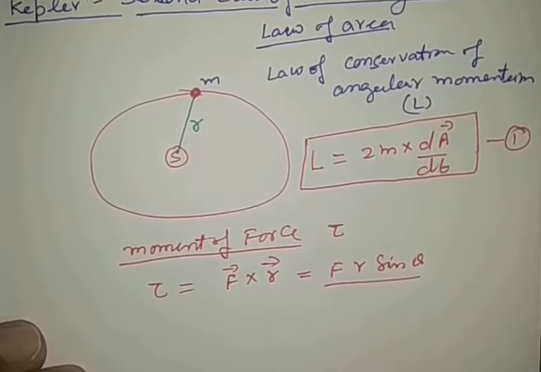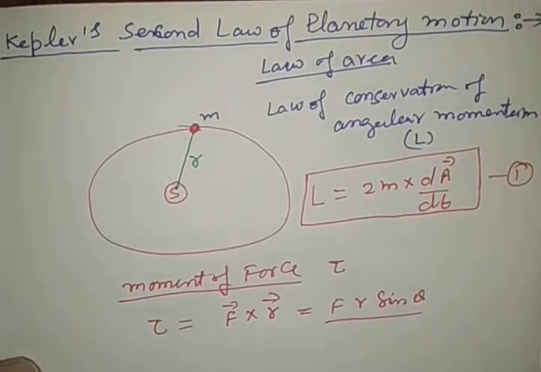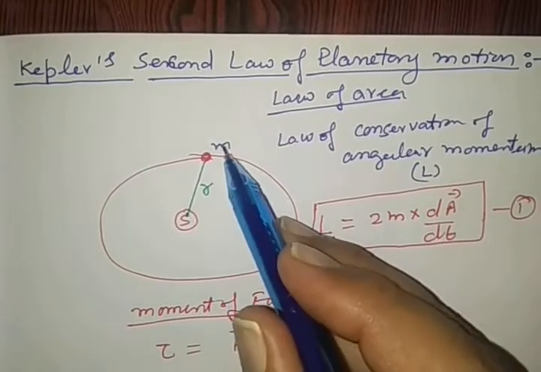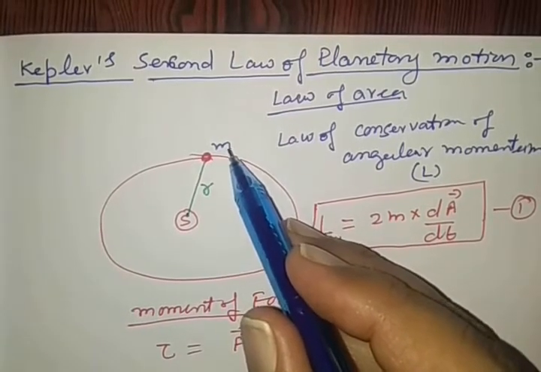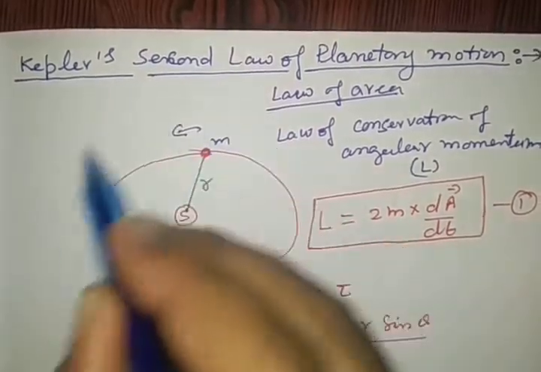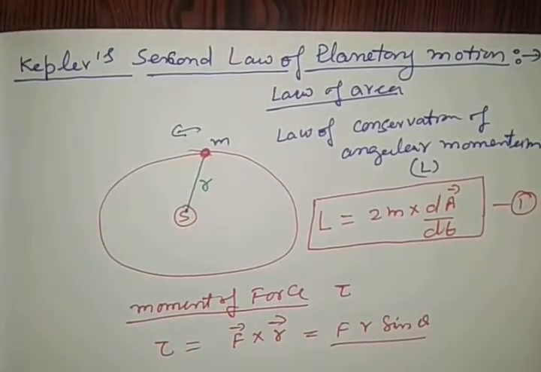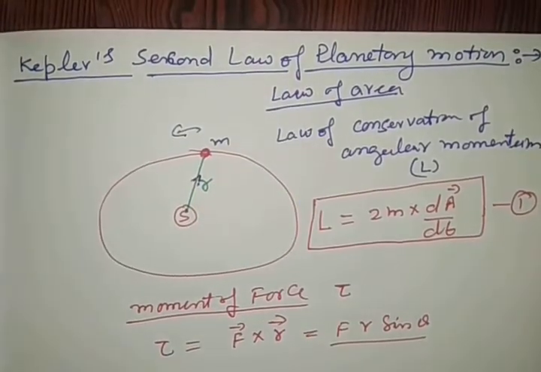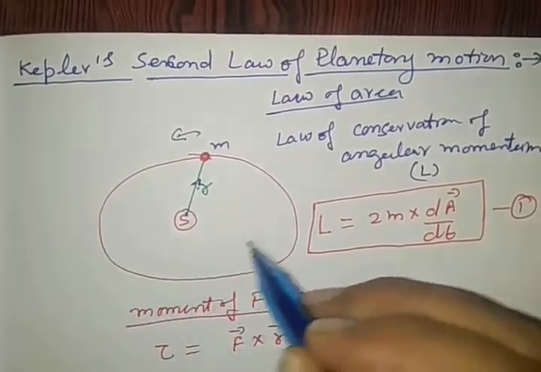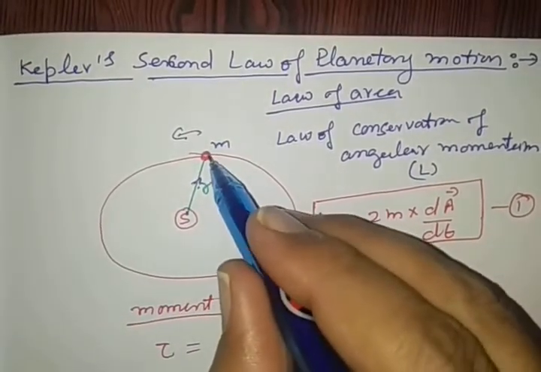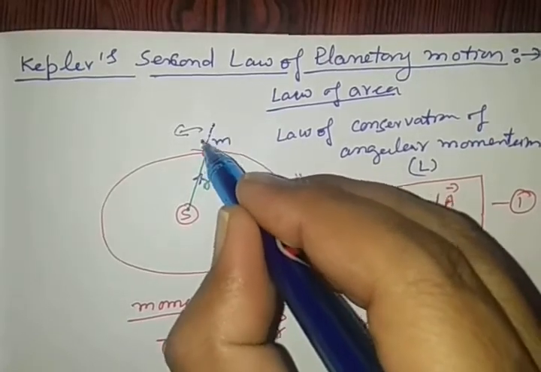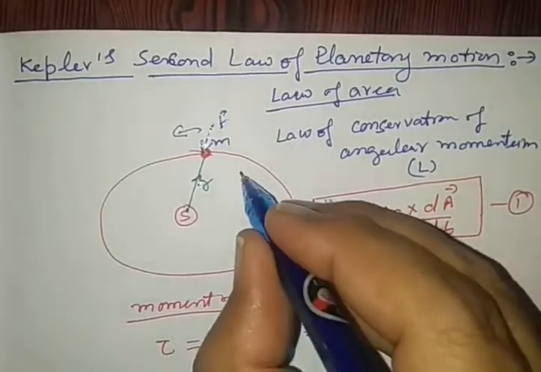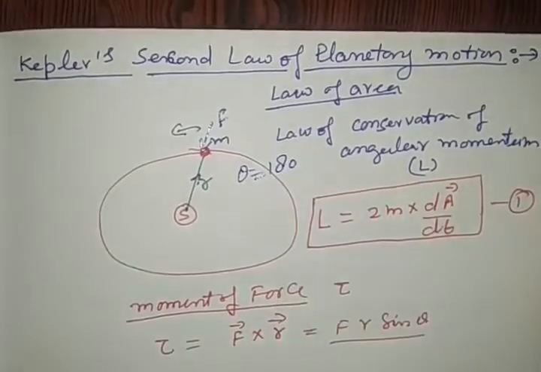To decide the direction between r and F, see carefully in this diagram. R is a position vector between Sun and Earth, which is rotating around the Sun in a circular path. So position vector r is in this direction. This rotation of Earth around the Sun is due to the gravitational force F, which always acts towards the center. So the angle between both is 180 degrees.